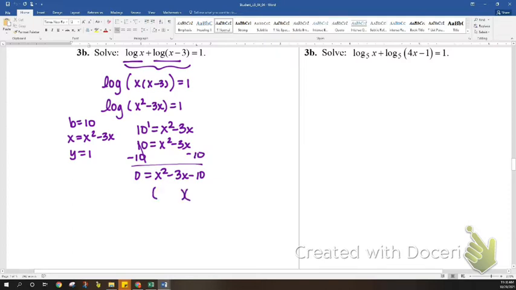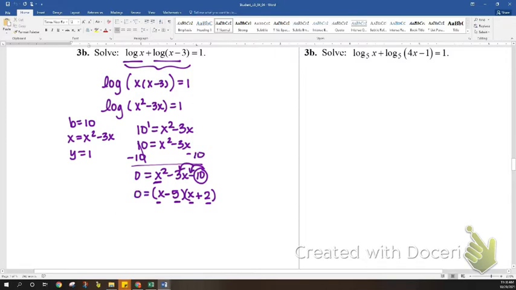So we're going to factor this. We know our first terms have to give us x squared, so it's going to be x and x. We know the last two numbers have to multiply to 10, and they're going to need to subtract to 3. So that's 5 and 2, and I need a negative 5 and a positive 2 to give me that negative 3. And this is still equal to 0.